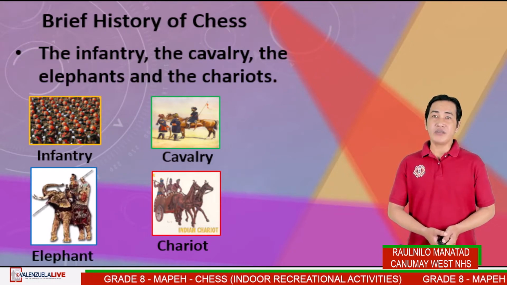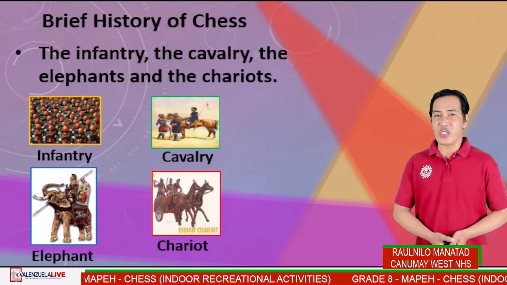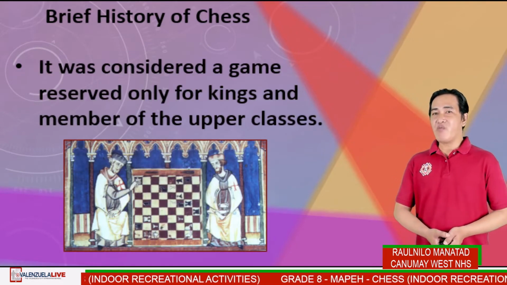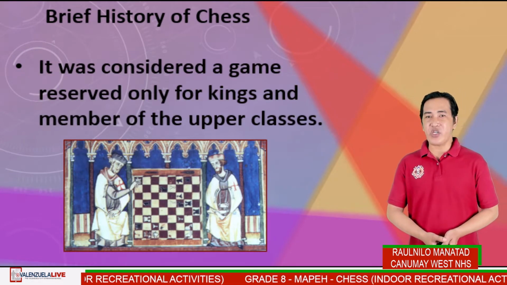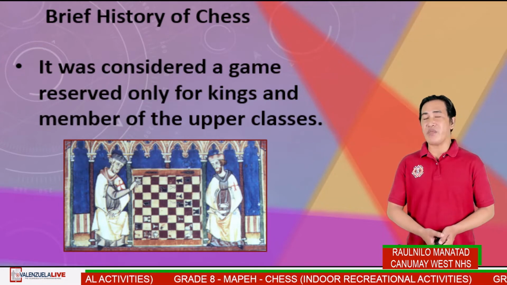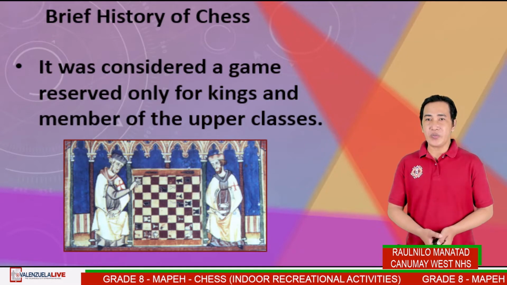These are the pawn, the knight, the bishop, and the rook of the modern chess. This game was considered a game reserved only for the kings and members of the upper classes when chess reached Europe.